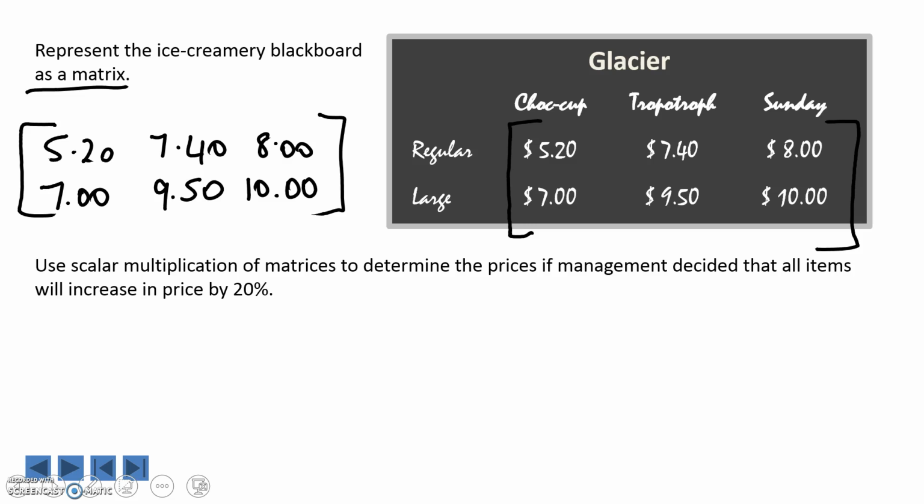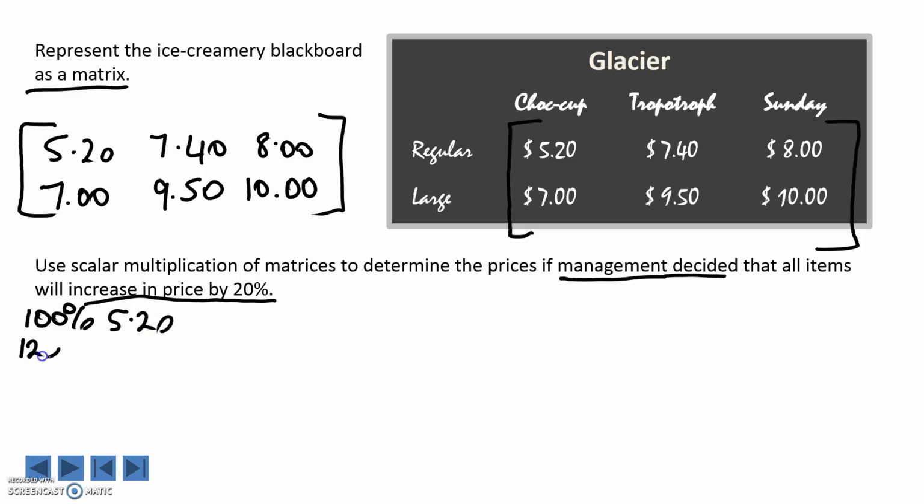The last one that we're going to look at is using scalar multiplication to determine if the management decides to increase prices. We did look at this earlier at the beginning of the year. Again, this is like increasing our percentages. Normally 100% is what it looks like, so it might be $5.20.